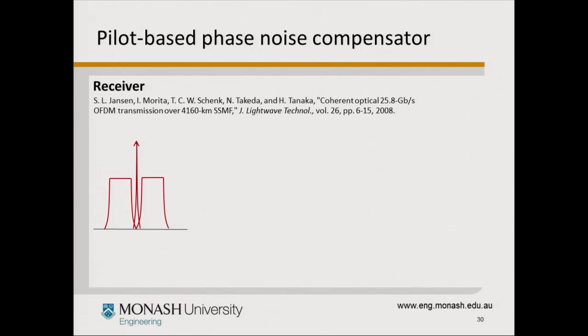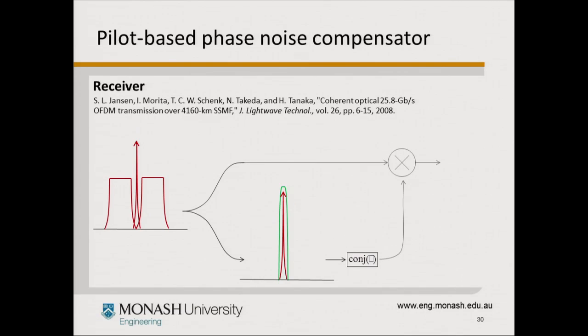So we have a look at this pilot-based method, which I think is quite interesting. The prelude is that in 2008, Sander Janssen proposed that we can use a pilot to compensate for initially laser phase noise. That square is your signal. So what you do is you transmit a pilot with your signal.